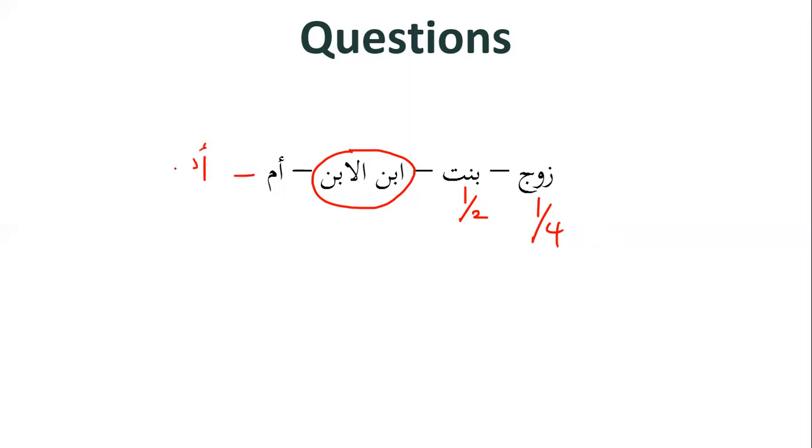So for example, over here, ab, because the Ibn al-Ibn is present, he would have an effect on the ab, and we would say that the ab would receive 1/6. But with regards to the bint, the Ibn al-Ibn will not have any effect. So keep that in mind, inshallah.